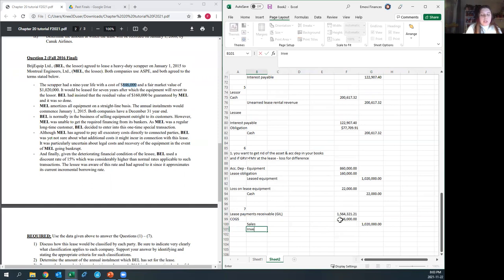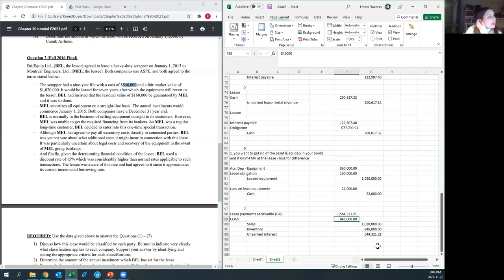You have your inventory, same amount as your COGS, and then your unearned interest, which you can plug, or you can do basically your lease payments receivable minus your sales. I guess you're plugging it up again. So you're going to have unearned interest of $5,404.